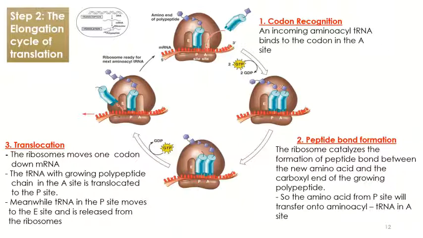So that's why they are named the E site or exit site. The empty tRNA at the E site will go out from the ribosome and will find another amino acid. And the cycle will keep on continuing to prolong the polypeptide.